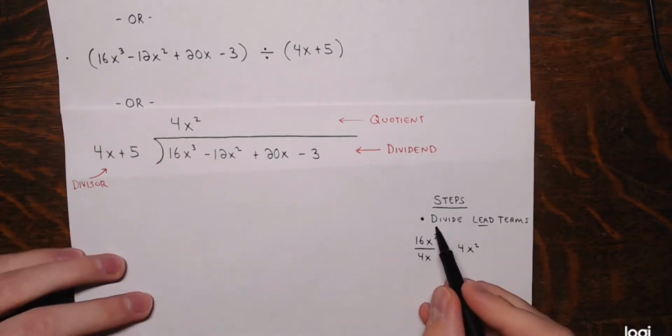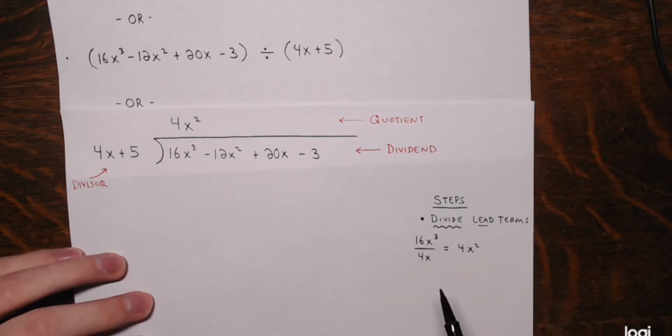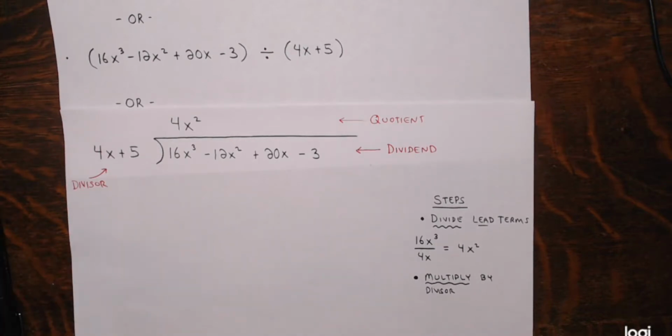So you have a division step where you divide the lead terms. Then you multiply by the divisor. Let me show you what I mean. So there's a division step, then a multiplication step. Right, this multiplication step looks like this.